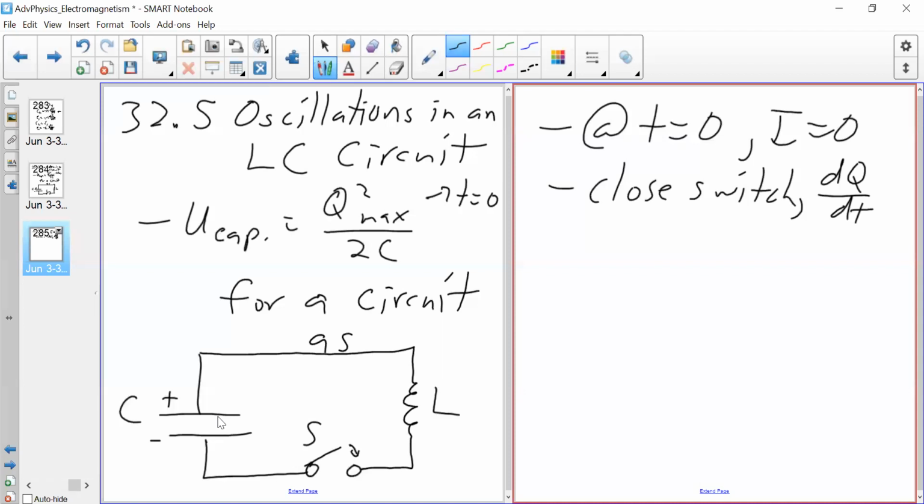At least there's a flow of charge in this electric field. So dq over dt equals I. At t equals 0, we start to get current due to the capacitor starting to discharge.